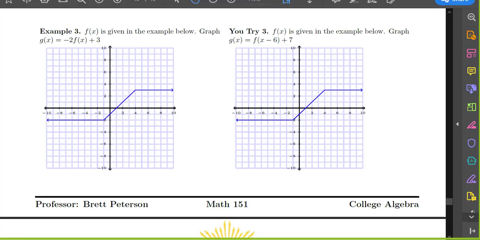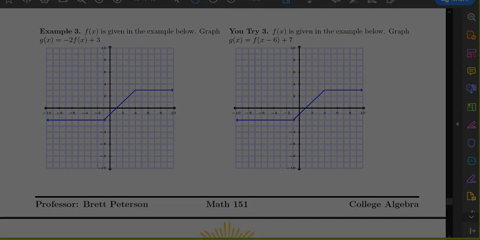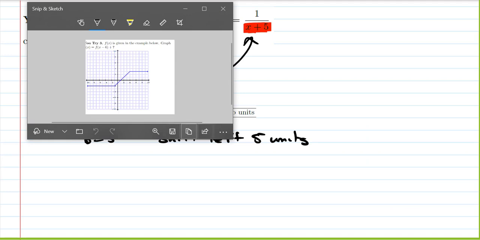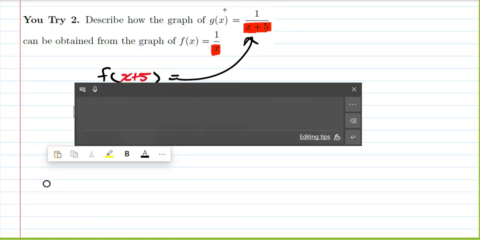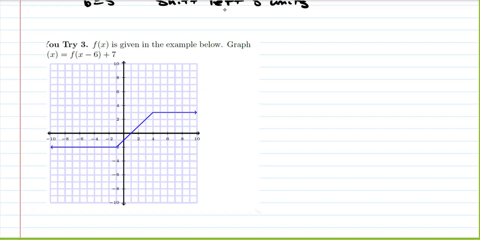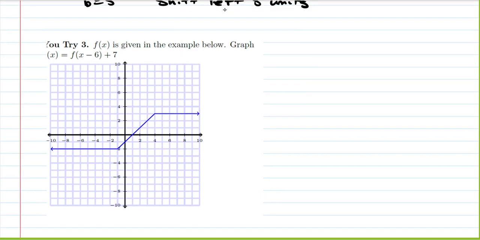All right, so then for you try number 3, we need to do the same thing and then shift our picture that was given the appropriate way. So we look at our g in this, and we have our two things. We have our x minus 6 on the inside and our plus 7 on the outside.